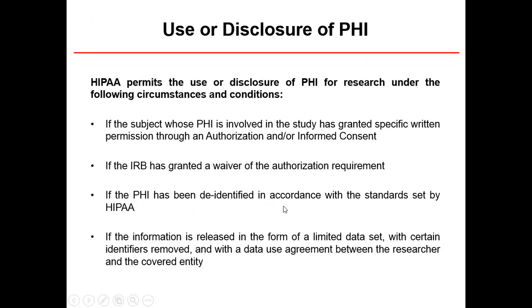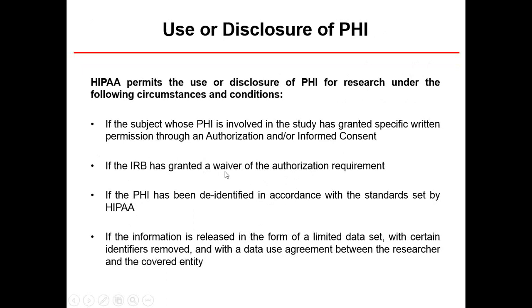HIPAA permits the use or disclosure of PHI for research under the following circumstances and conditions. First is if the subject whose PHI is involved in the study has granted specific written permission through an authorization and/or informed consent. Second is if the IRB has granted a waiver of the authorization requirement.